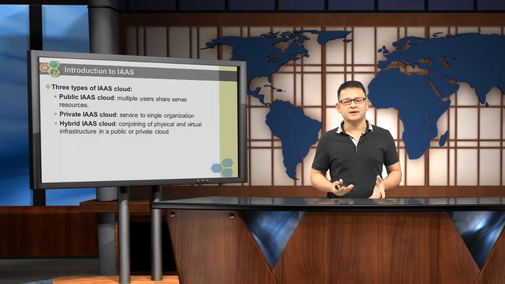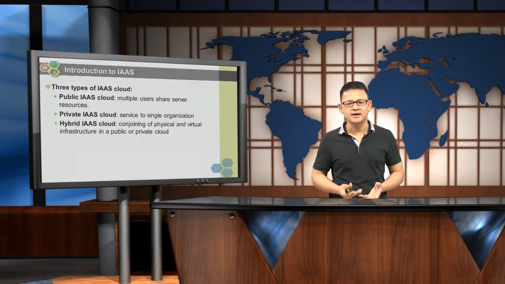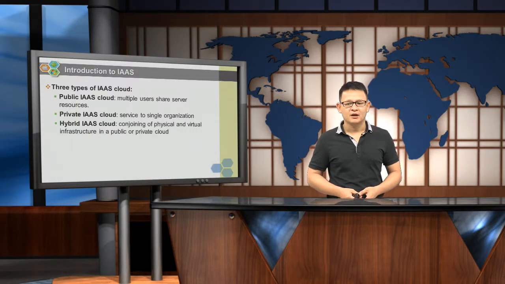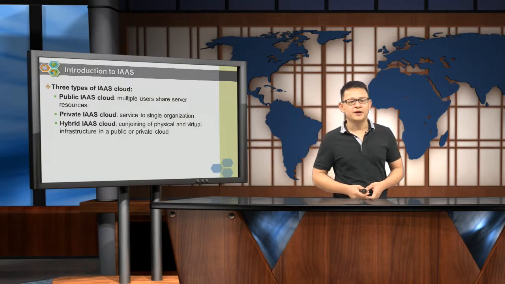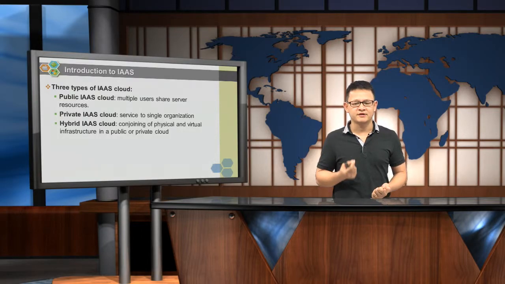A hybrid cloud is generally considered the conjoining of physical and virtual infrastructure in a public or private cloud. For example, a company may have the option to manage some physical servers in a private cloud while outsourcing other servers to a public cloud.